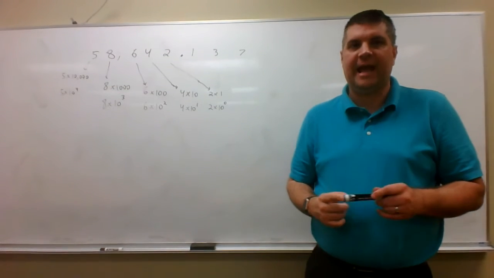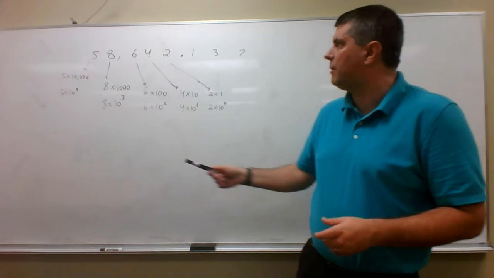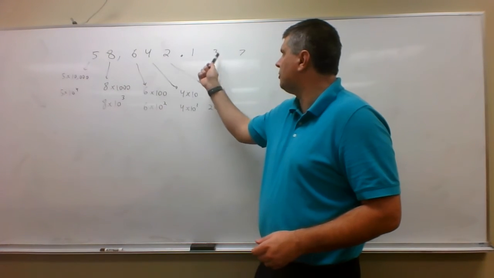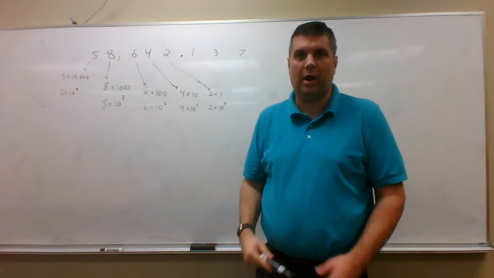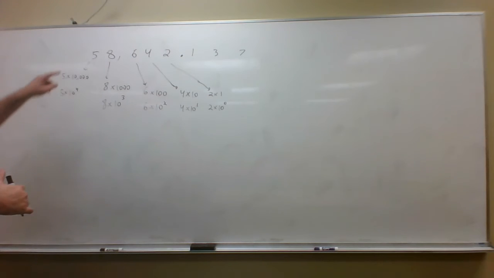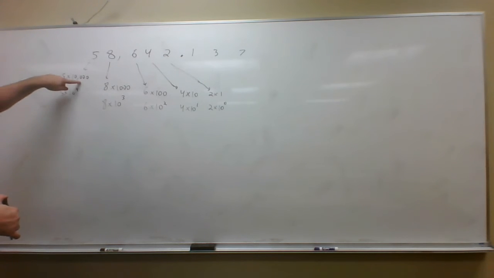Okay, I would like to add a little bit more detail about scientific notation using the number 58,642.137. All right, so I'll start with the big parts. This is 58,000, so this represents the 50,000. That's 5 times 10,000, or 5 times 10 to the 4th.